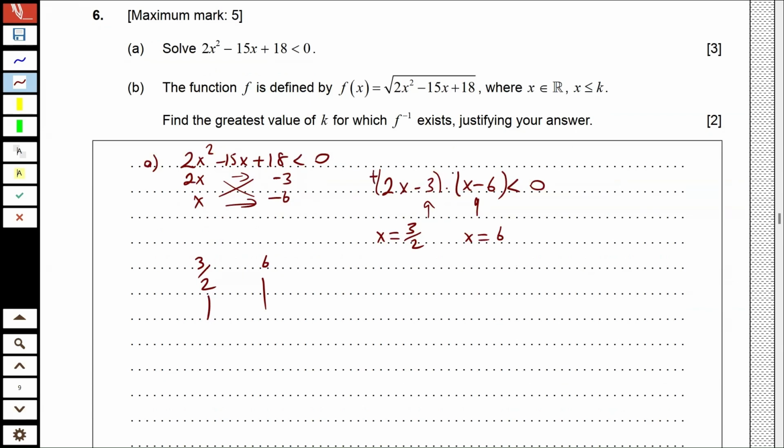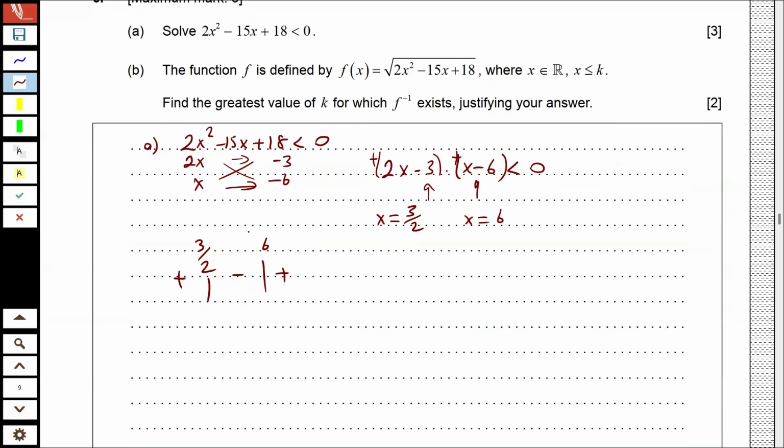The sign starts positive because the coefficients of x are both positive. And we know that at the roots the sign changes: minus and positive again. So we are looking for the negative range, and the solution is x between 3 over 2 and 6.